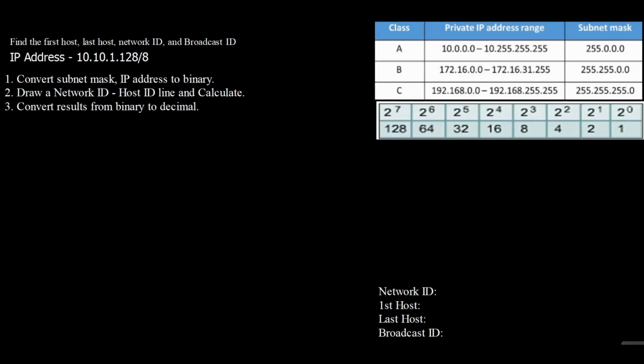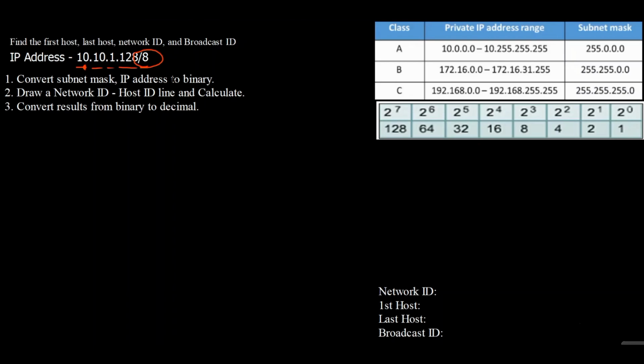So let's go ahead. I do have my IP address, and it's 10.10.1.128 and /8. /8 is the subnet mask.